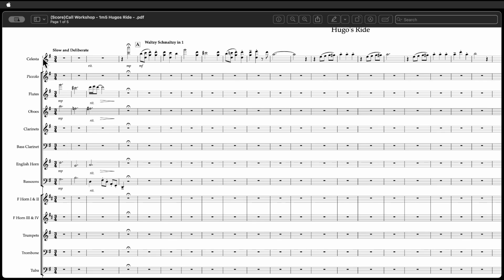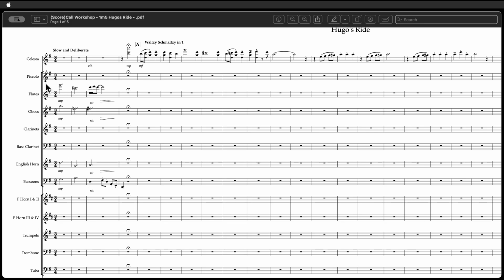When we have a staff that is connected by a bar line, you might see what looks like a thin, regular bar line, and it runs all the way down the entire score, and we call this a system. A system is when we have multiple staves that are connected by a bar line or, in some cases, a bracket or a brace.